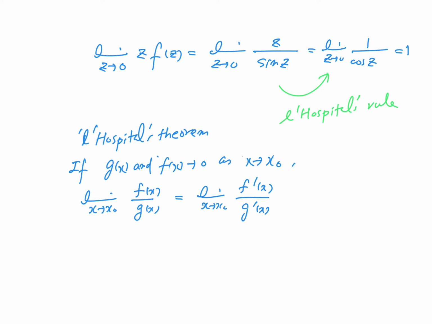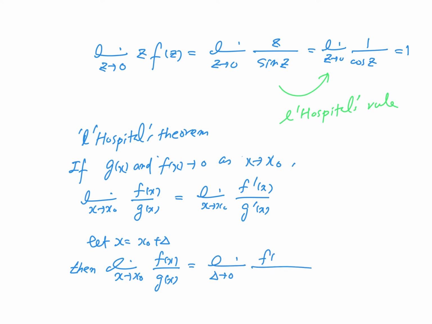So let x be x0 plus delta, then the limit can be rewritten as delta goes to 0, f(x0 plus delta) over g(x0 plus delta), right? I haven't done anything.